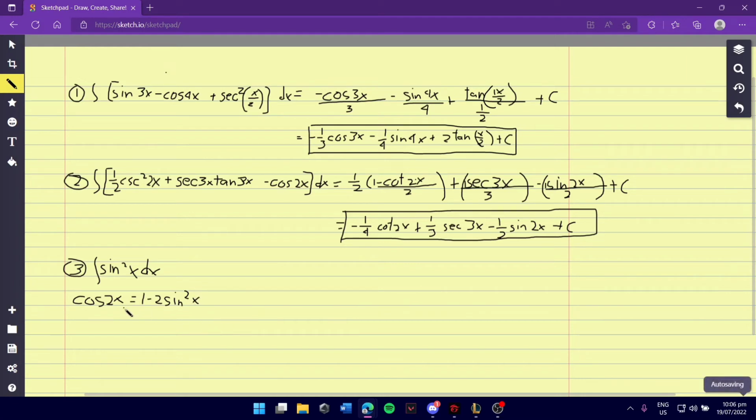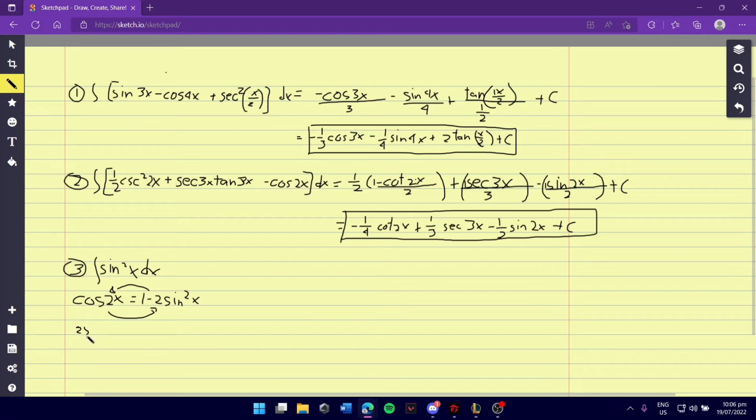So we will derive our formula here according to these identities. In order to make this positive, we transpose.